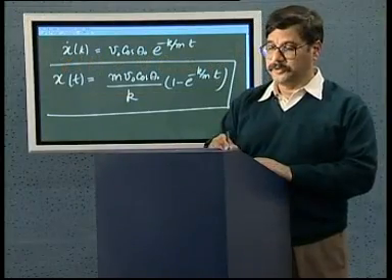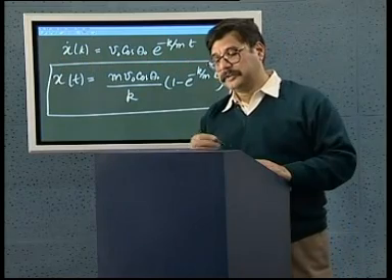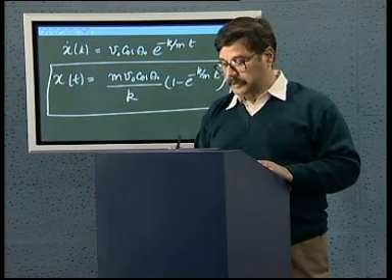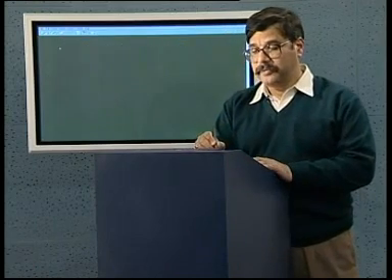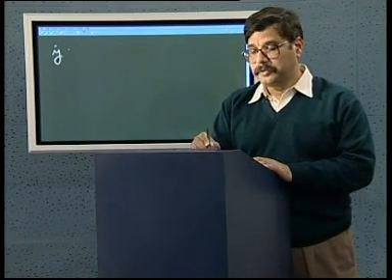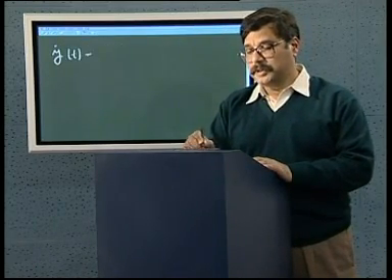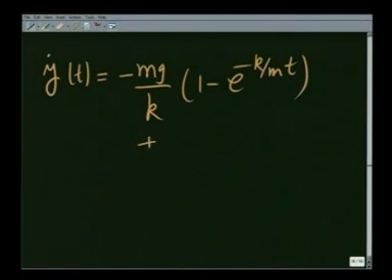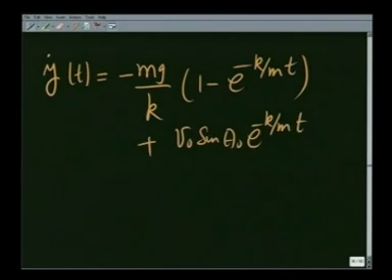This is my expression for x. You are also familiar with this from the earlier part of the lecture. Similarly, I have y dot t, which is minus mg over k times 1 minus e raised to minus k over m t, plus v0 sin theta 0 e raised to minus k over m t.